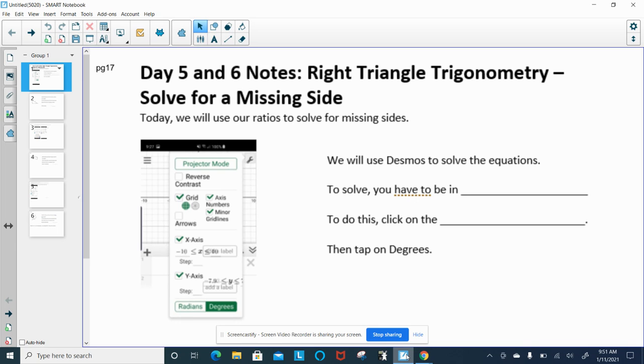So we will still be using Desmos, and to solve, in our particular instance, we will need to be in degrees. So in your Desmos, you'll need to click on the wrench every time you open up Desmos and select degrees.